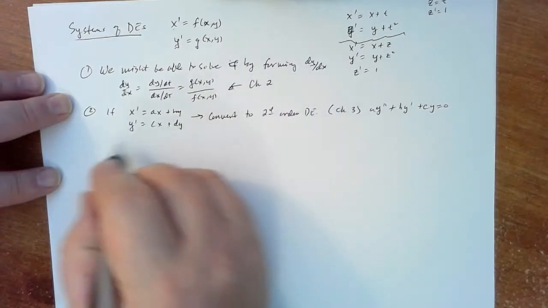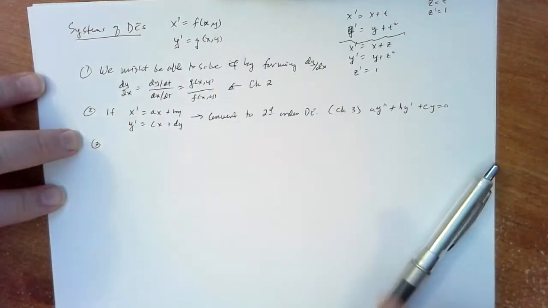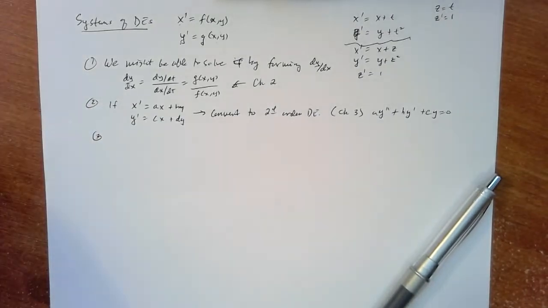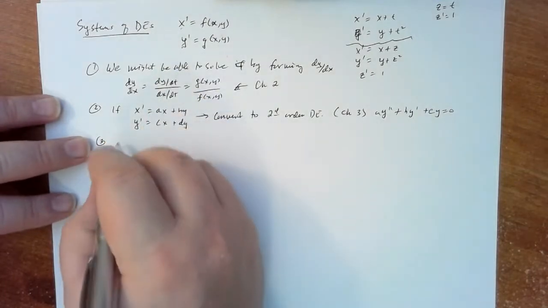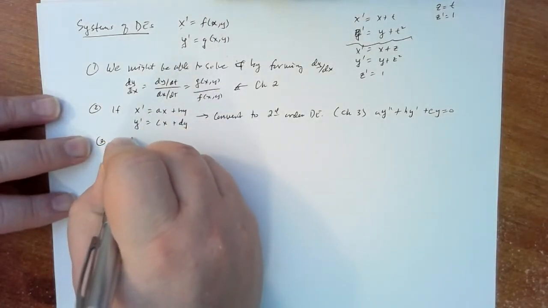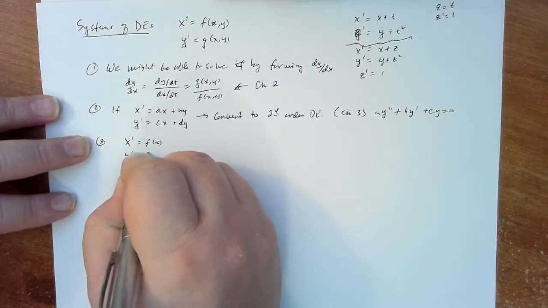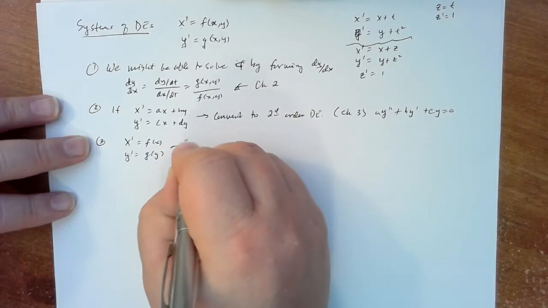Sometimes we just get lucky. What I mean by that is if x prime only depends on x, and y prime only depends on y, this would be said to be uncoupled.